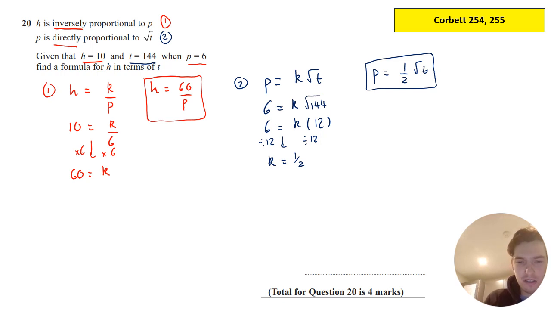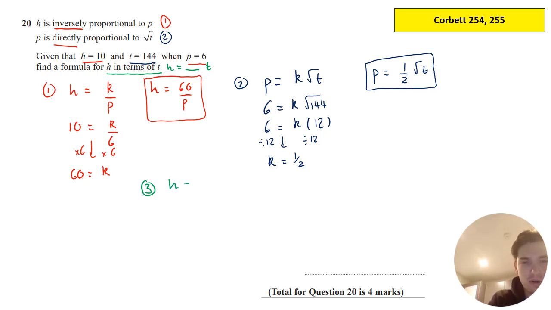Now my final step, it says find a formula for H in terms of T. So what does my answer need to look like? My answer needs to look like H is equal to something T. So let's start off, this is going to be step 3. Let's start off with what H is equal to. Where can I find what H is equal to?